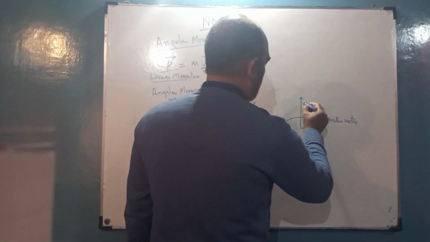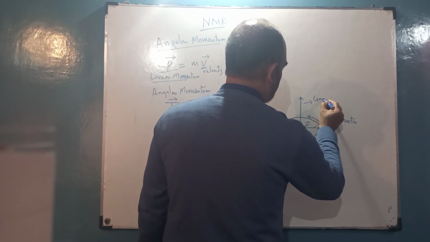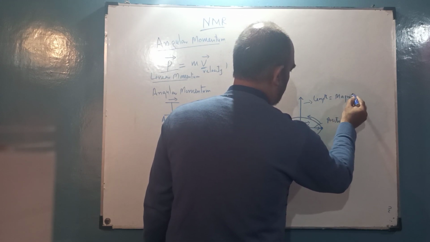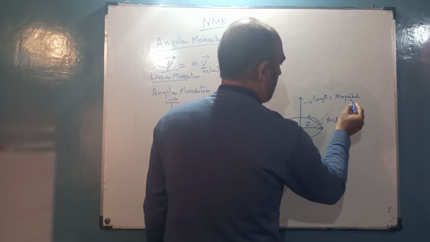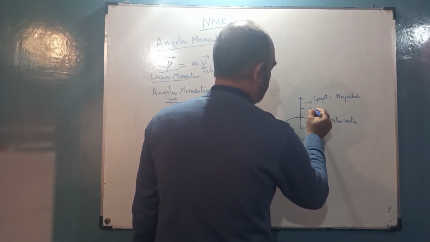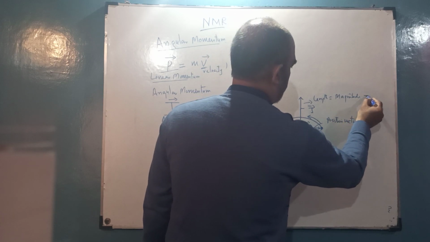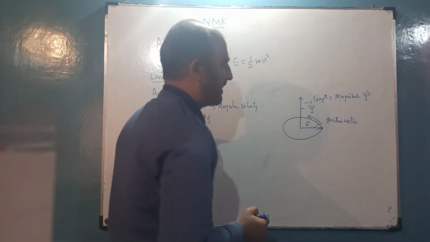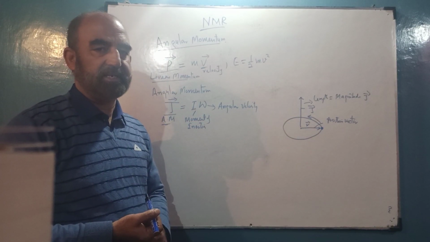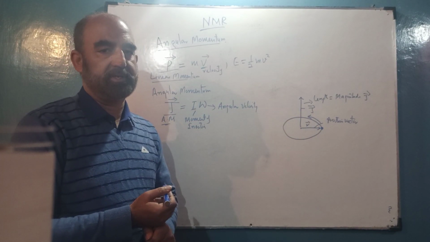The length of this vector represents the magnitude of the angular momentum, say J, and the direction of this vector represents the direction of the angular momentum vector.